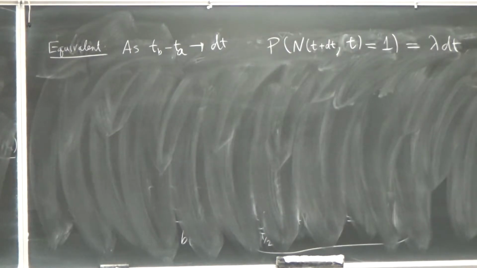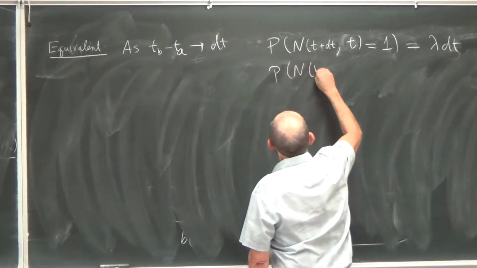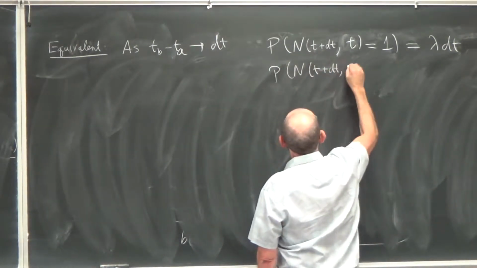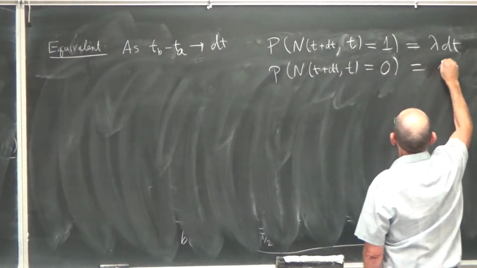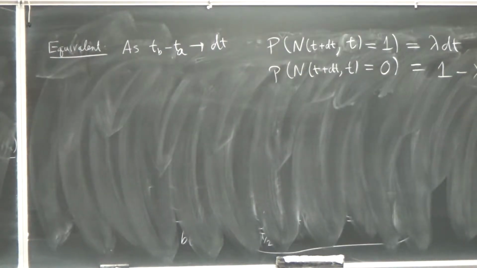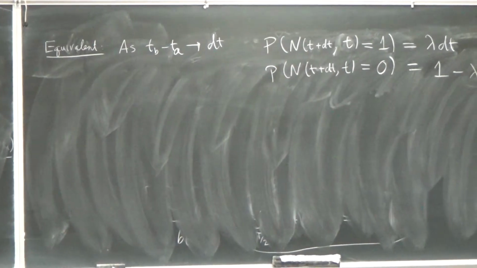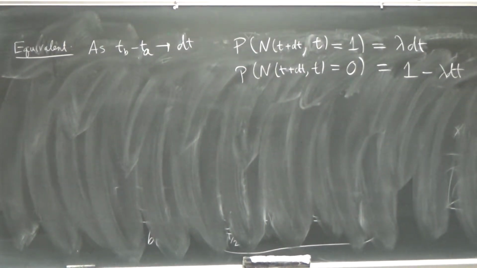Yes, thank you. So the probability that that's true, therefore, and the probability of the rest: there can be no more than 1, so you either get 1 or nothing. Making this statement, if the time interval shrinks to a differential, I can get no more than 1 count.